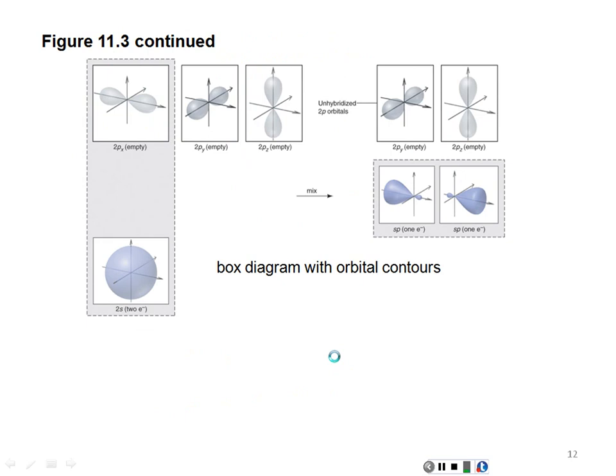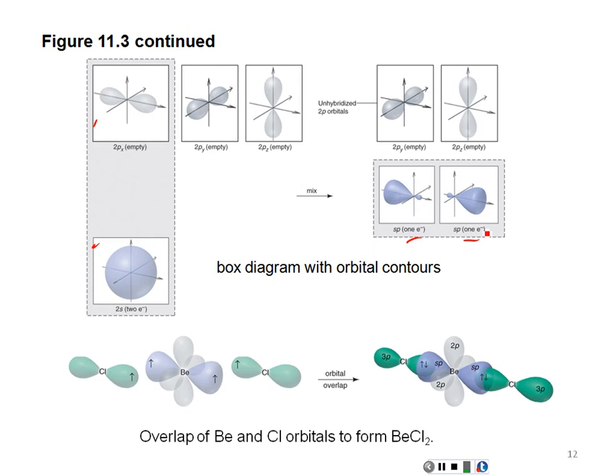So here's a 3-dimensional picture. We have the spherical s orbital and the p orbital. When they mix, they form sp orbitals, each of which looks like half of a lobe of a p orbital, but a little bit flatter at the tip. When it forms a bond, it can bond with two chlorine atoms.